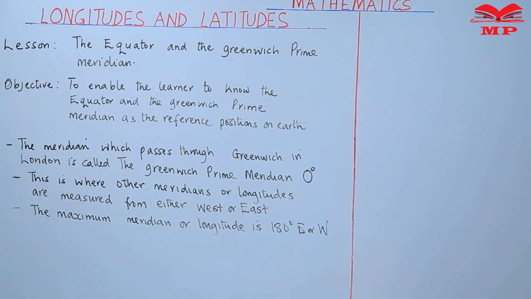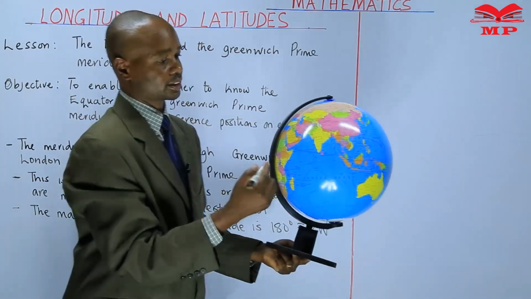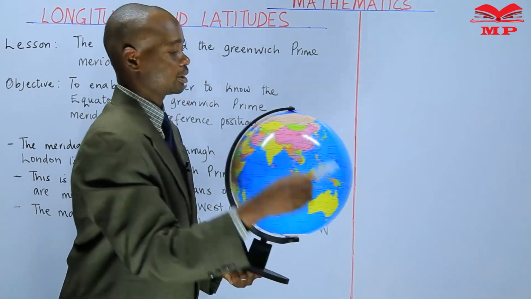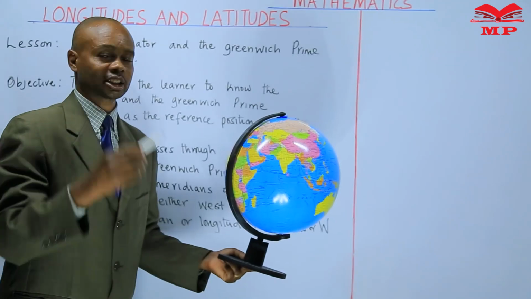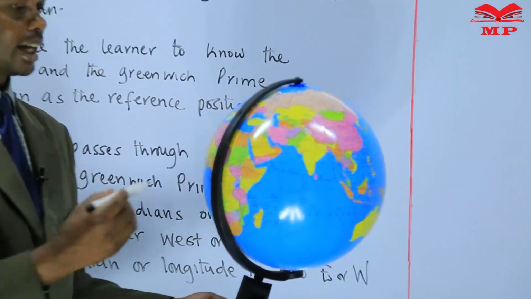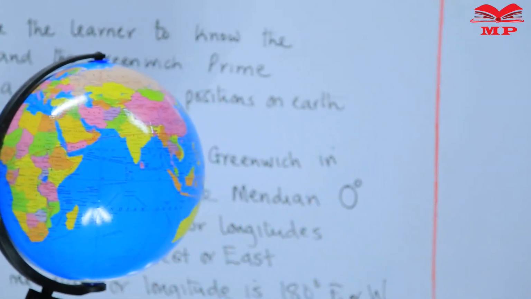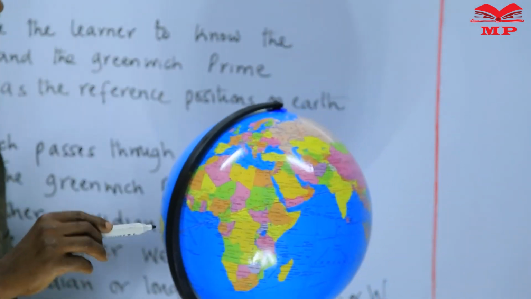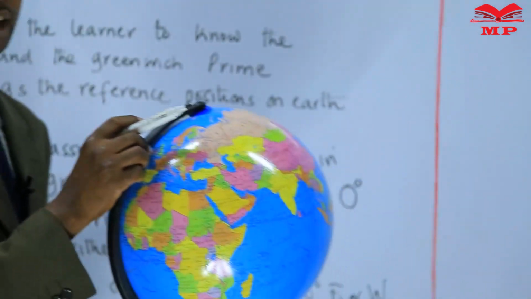So as I said, you'll better understand this if I cut through the center of the earth. I'll cut through this line that happens to divide the north and the south into two equal halves. That line is called the equator. The line on the earth that will divide the earth into the northern hemisphere and the southern hemisphere is the equator.